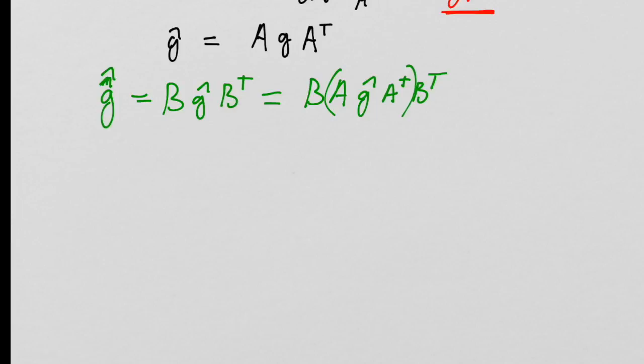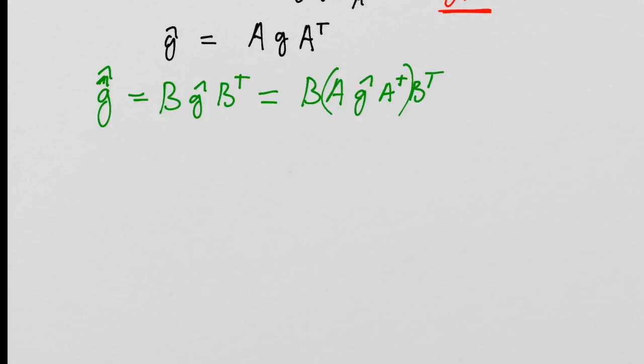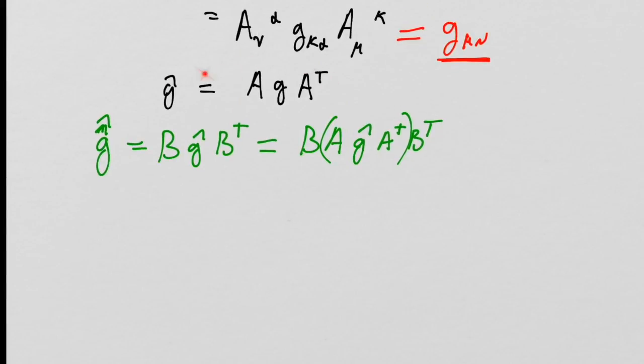The same process, because all this stuff applies to B just like it did to A. And then I can take G hat and substitute in its definition through G. Oops, I need to get rid of that hat, because I'm substituting for G hat. So I just have A, G, A transpose.